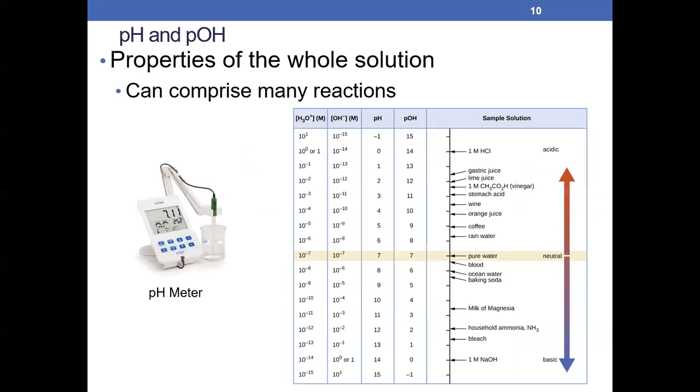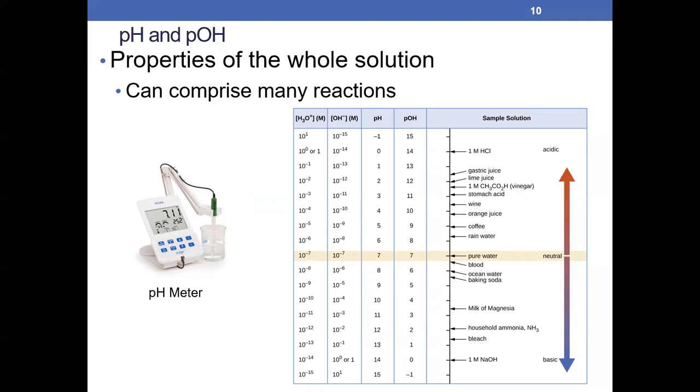This is just putting this into a little bit larger context. Typically in the lab, we would have some sort of pH meter. You use your probe and you typically calculate pH. Most probes you can also toggle to pOH if you want to do that. But this is our general scale. As we decrease in pH, we are becoming more acidic. As we decrease in pOH, we become more basic.